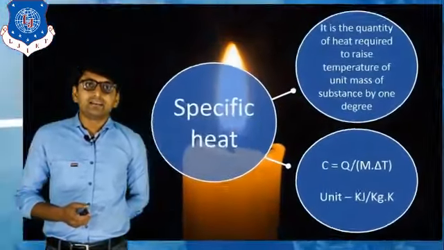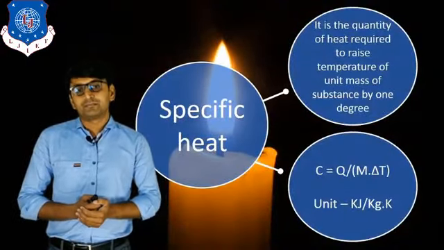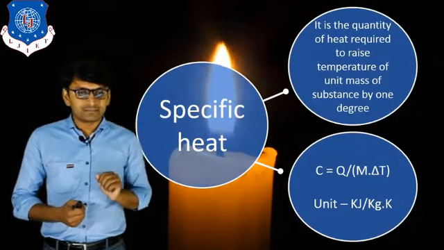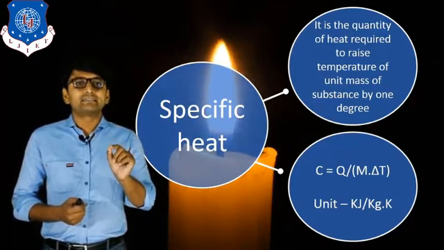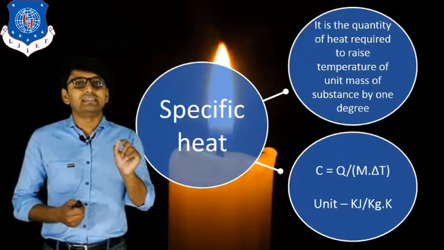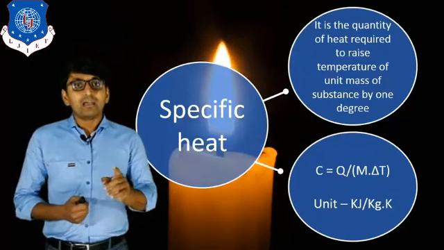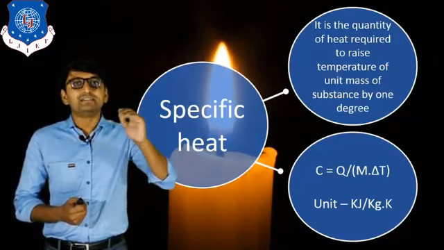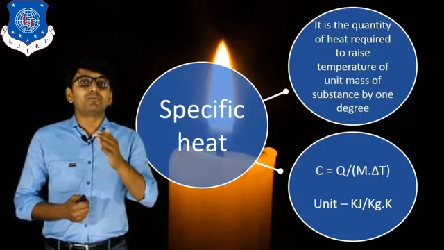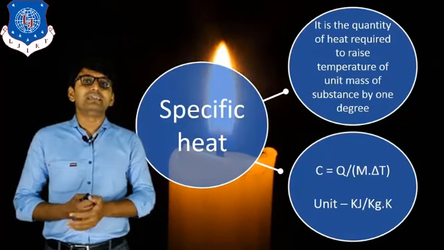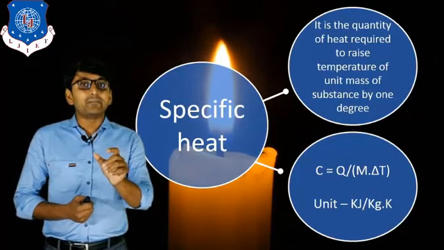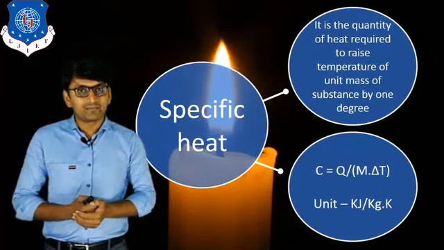Then the second one is specific heat. For example, there is a substance of mass 1 kg and temperature 24 degrees Celsius. Now heat is supplied to the substance, so the temperature increases from 24 to 25 degrees Celsius. So the change in temperature is 1 degree Celsius.